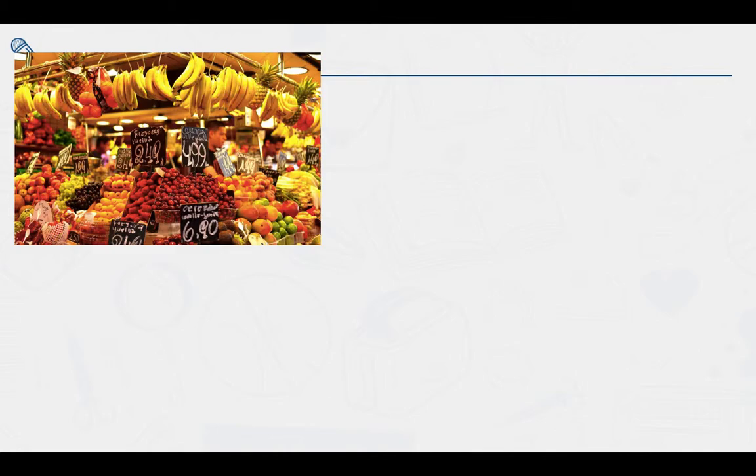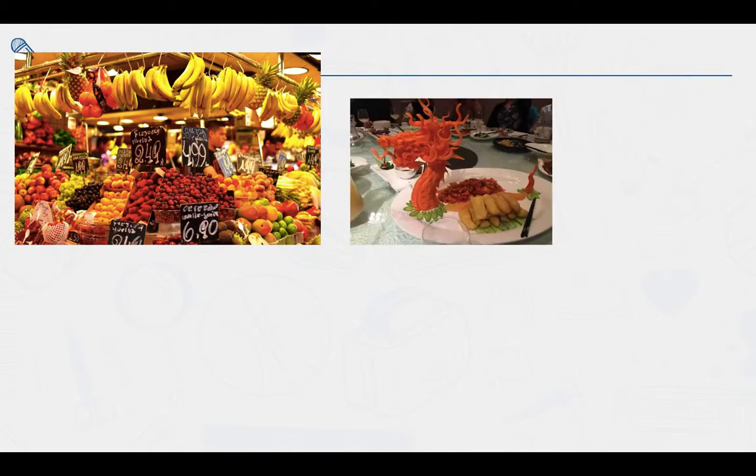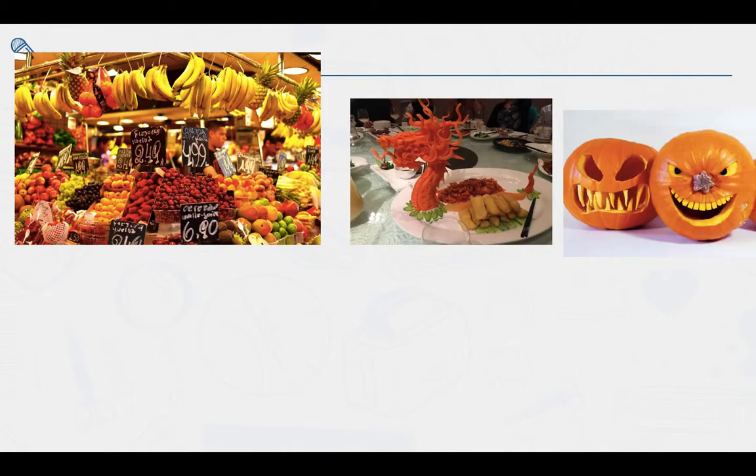But for us humans, we're different. When we see food, we may see it as art, such as a Chinese sculpture made by decorating the food.